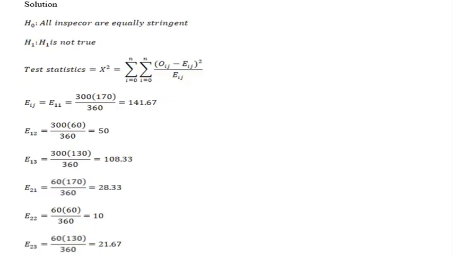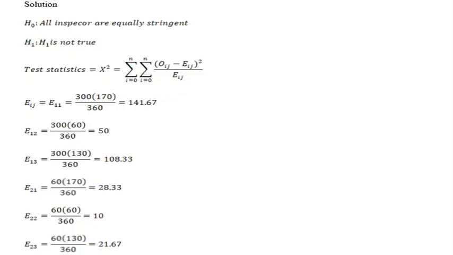We do E21, which is row 2 column 1, row first before column. The row total for row 2 is 60 and the column total for column 1 is 170, divided by 360. So when we multiply it together and divide by 360, that will give us 28.33.